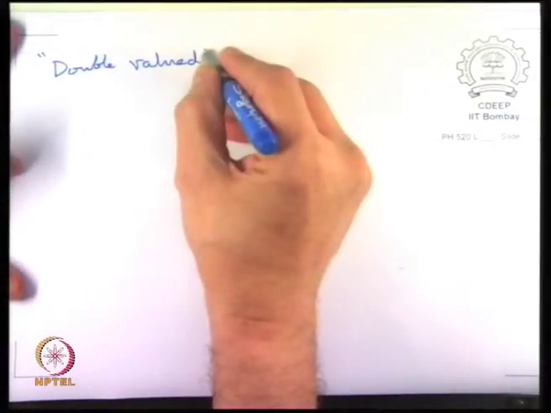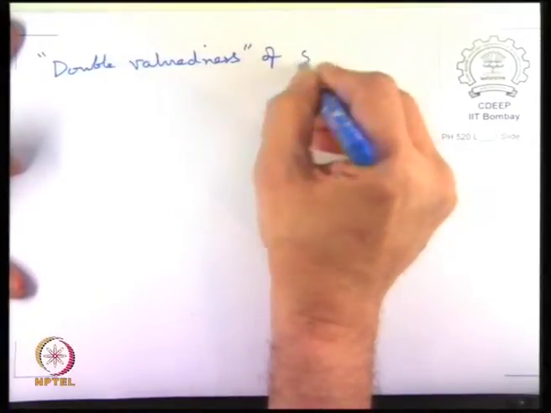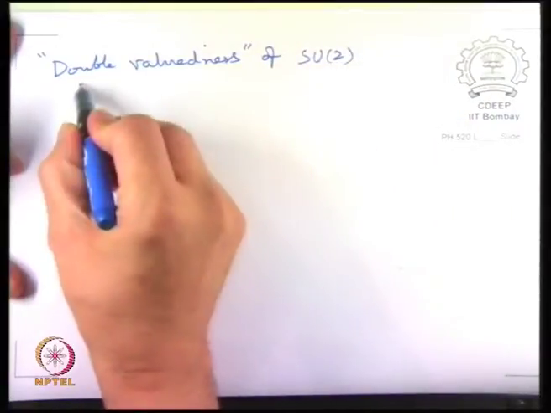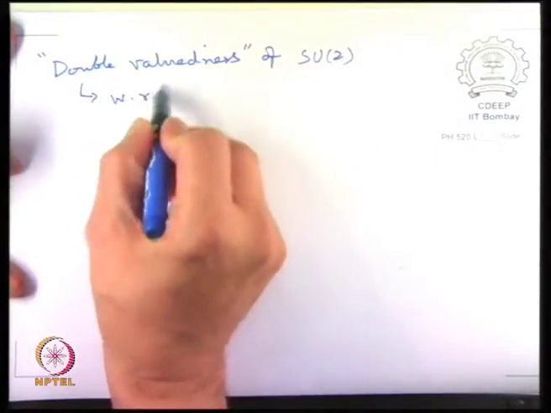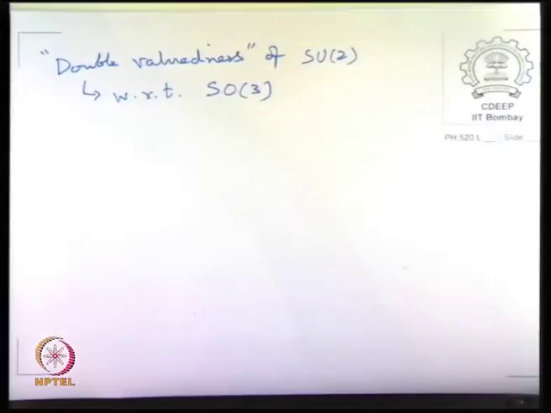Double valuedness of SU2. So this double is of course with respect to SO3. And this has been a source of great mystery and mysticism even for very important physicists in quantum mechanics, because the tau matrices or sigma matrices were first invented for spin, and this double valuedness remained a big mystery for everyone from Pauli to later Wheeler and Roger Penrose.